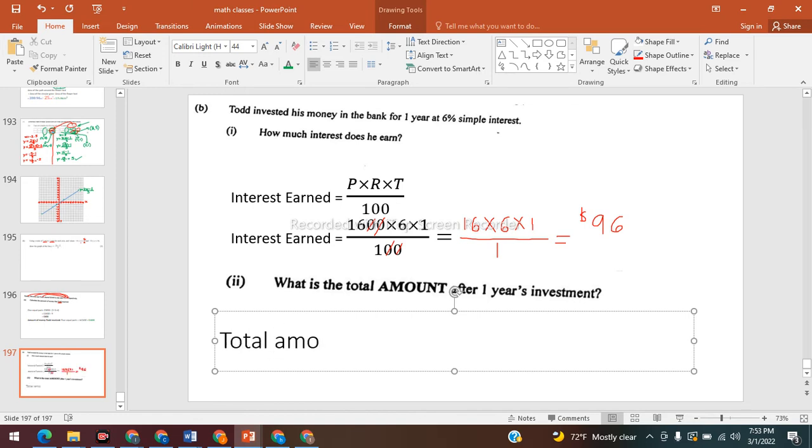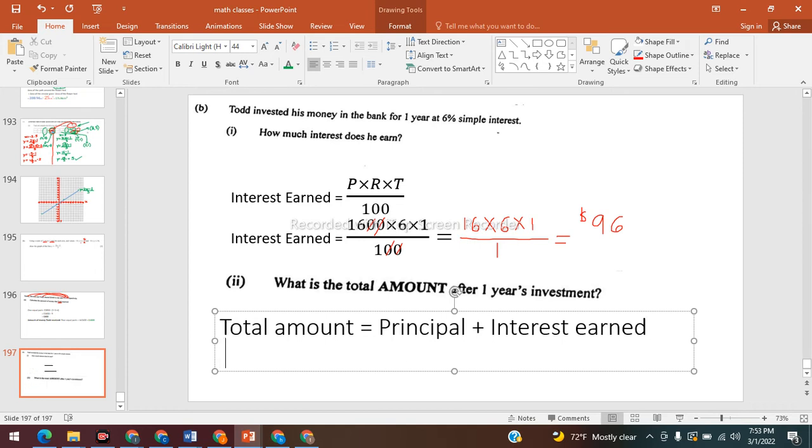So we're going to say that the total amount is equal to the principal plus the interest earned. That's equal to 1600 plus the interest earned, which is $96.